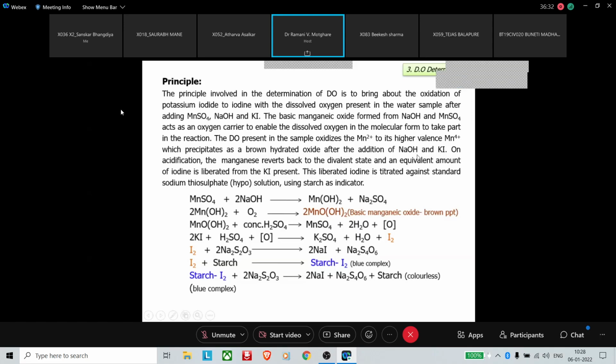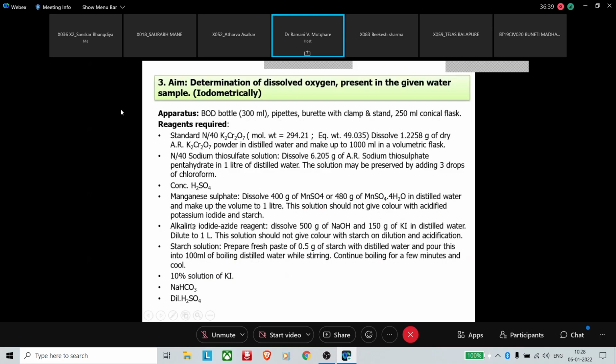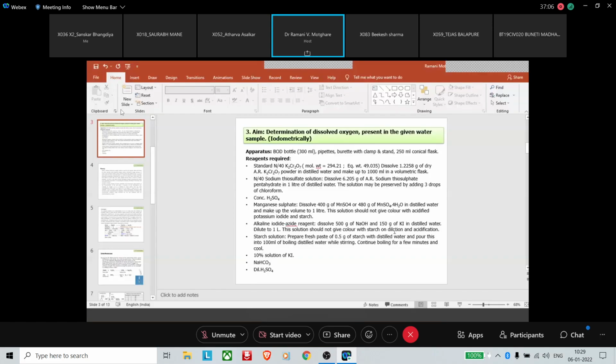Okay, so what is added? Alkaline iodide azide reagent, like we have seen earlier. This comprises NaOH. In a liter of water, 500 gram NaOH is added, 150 gram of KI is added, and sodium azide also.